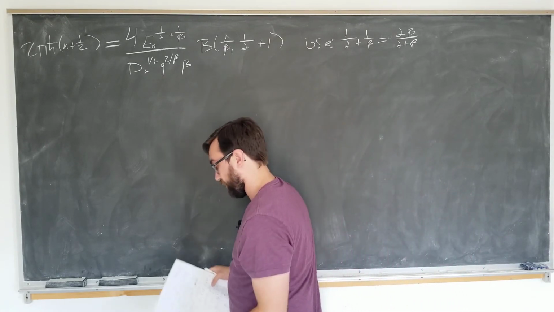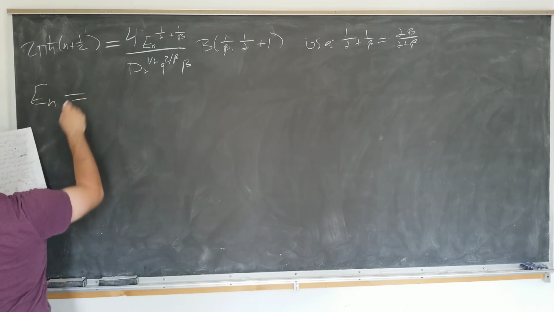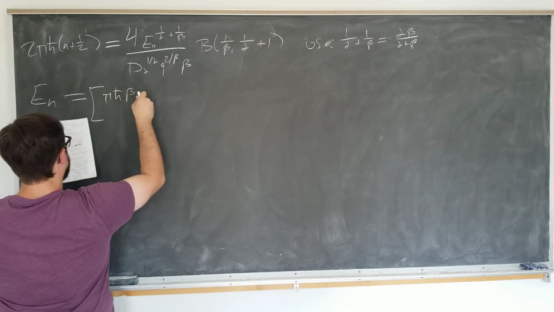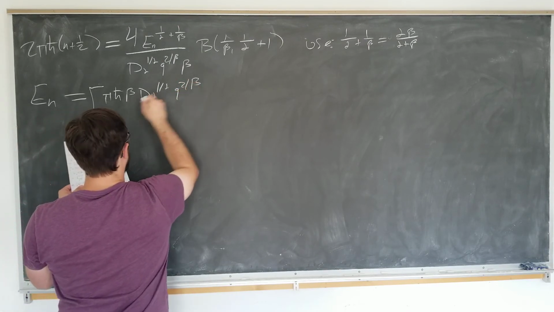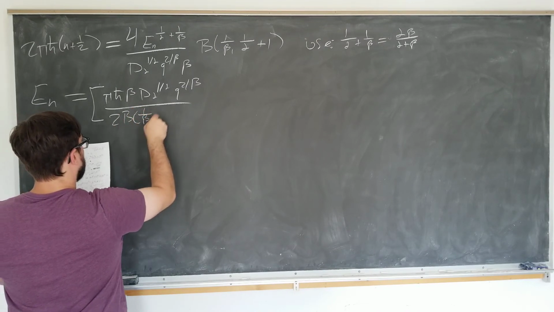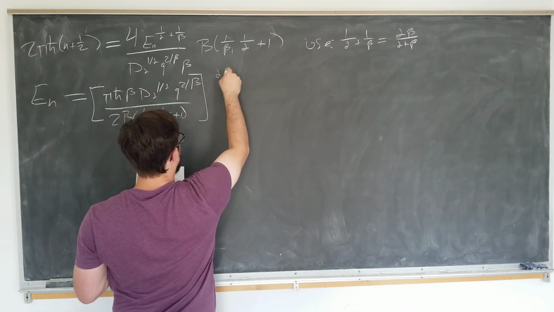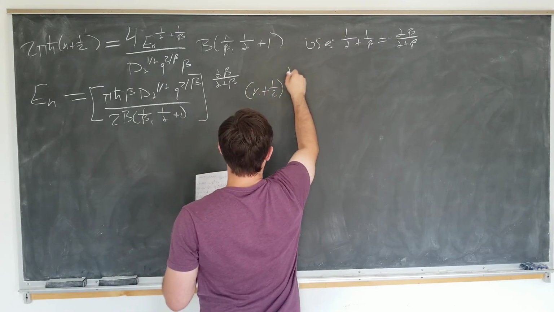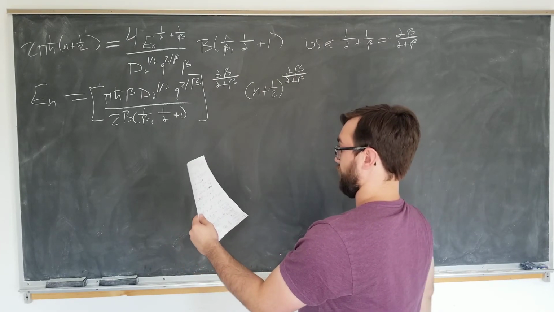And this basically tells us right away that E of n is equal to pi h bar beta d alpha to the 1 over alpha, q to the 2 over beta, over 2 beta function of 1 over beta, 1 over alpha plus 1. This is to the alpha beta over alpha plus beta power, and we also have an n plus 1/2 to the same power. Yep. Making sure I did it right.